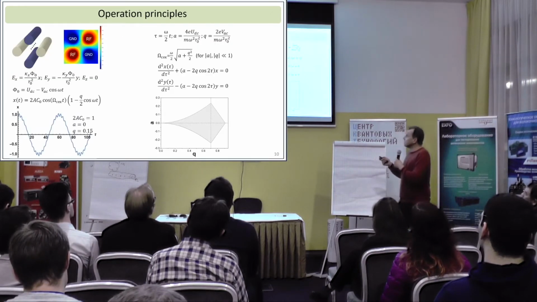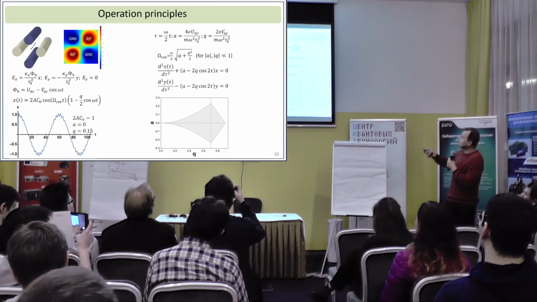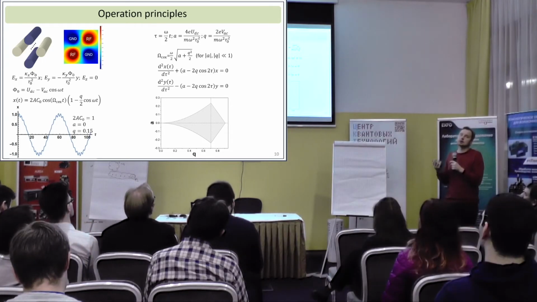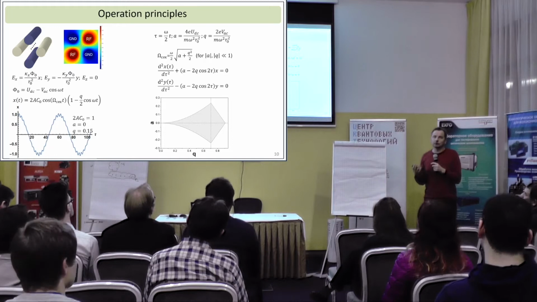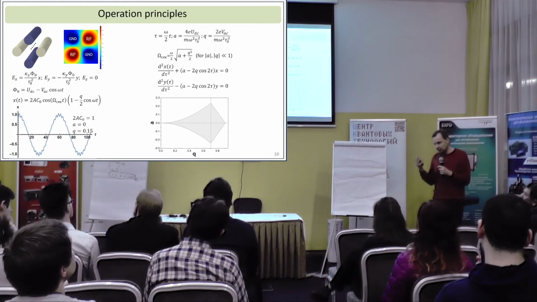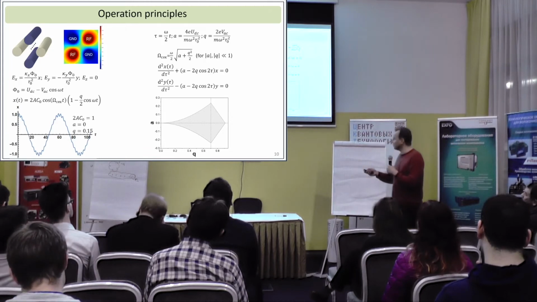The operation principle can be described in this slide. Generally there are 4 rods. A rod is an approximation of a hyperbolic electrode, but a hyperbolic electrode is hard to design, and there is no real optical access to the center of the trap, which is necessary.